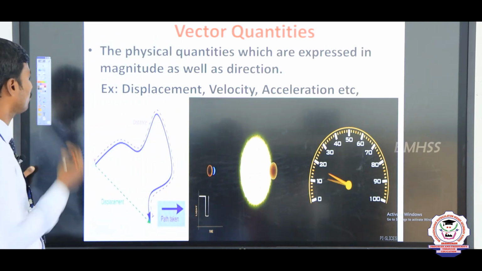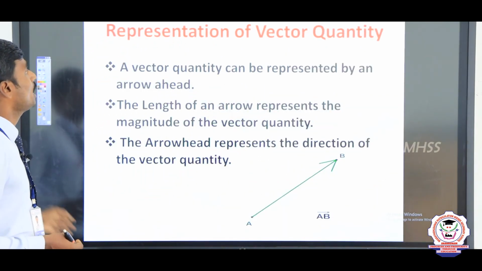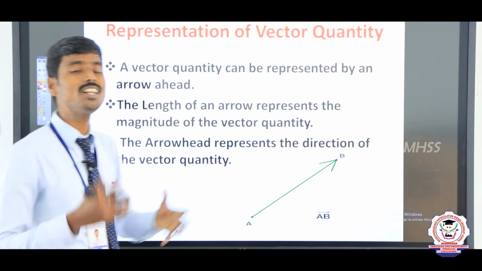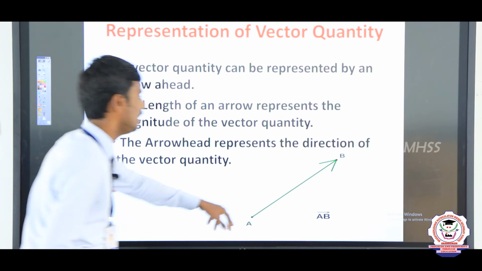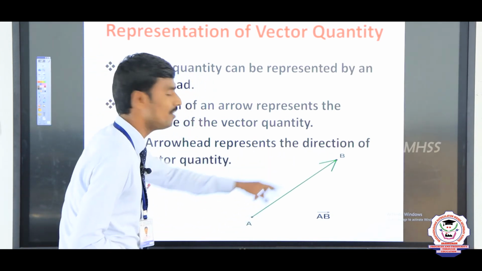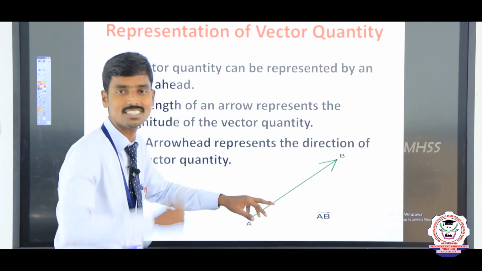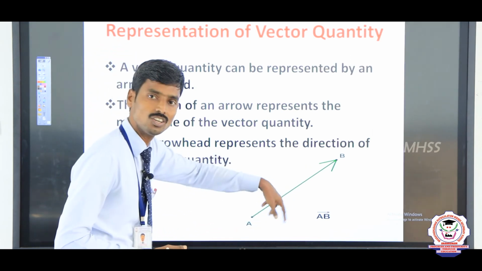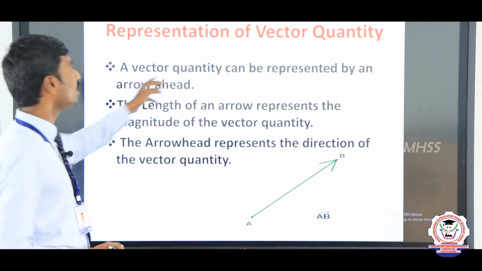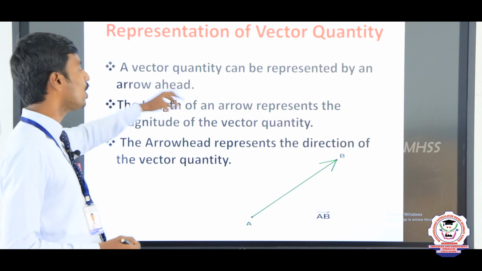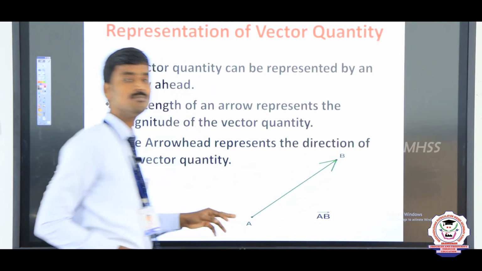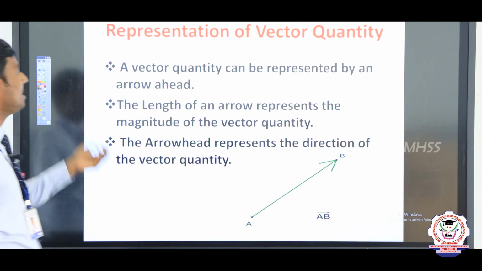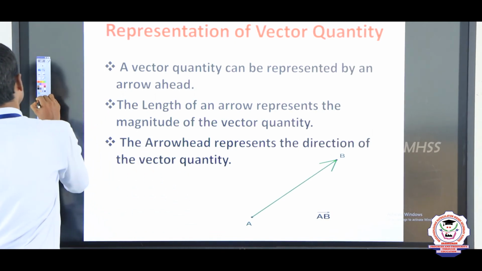The next one is representation of a vector. How do we represent a vector quantity? This is AB vector. A vector quantity can be represented by an arrow head. Next is the length of an arrow.